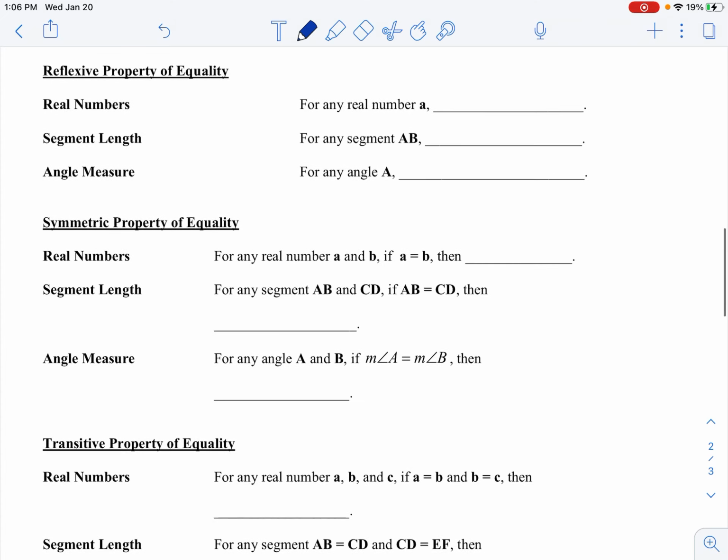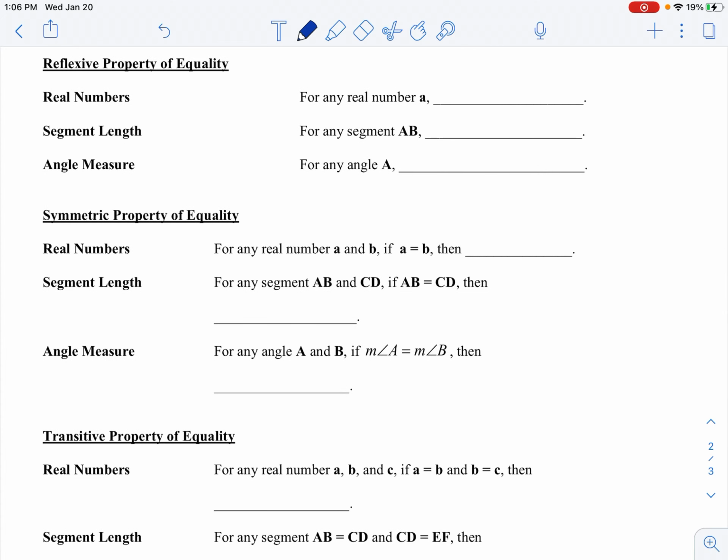Okay, moving on to other tools in our toolbox that we're going to be able to use in these algebraic proofs and geometric proofs moving forward. The first one is called the reflexive property of equality. What it says is that for any real number a, so 1, 2, 3, 4, any number, we can say that a is equal to a.